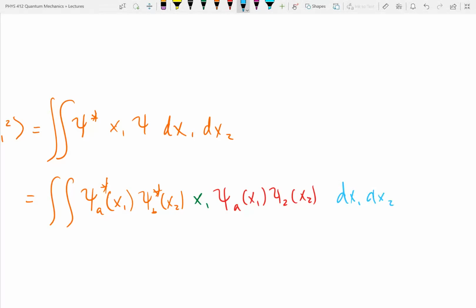We have to integrate over all space, which is all space for particle 1 and all space for particle 2. So that's why it's a double integral.